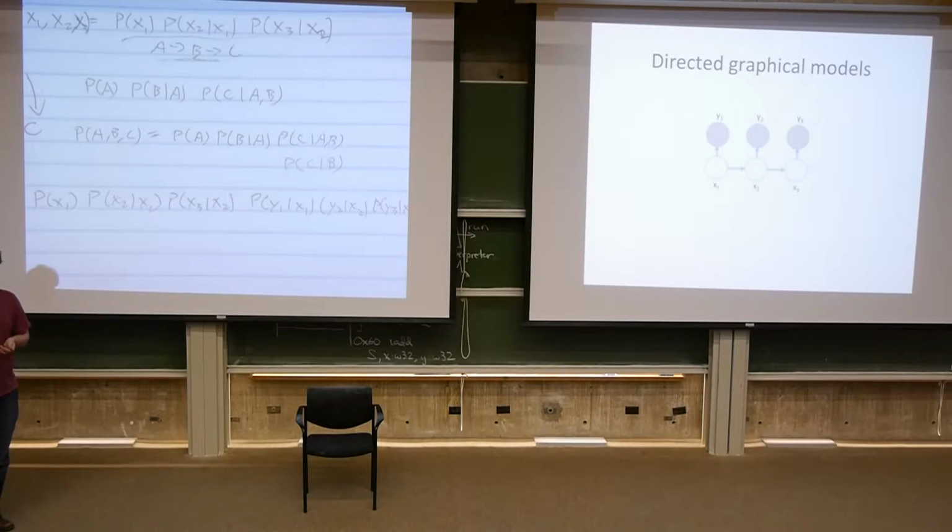You just might not be able to write down a graph structure that represents all the independences that are present in the distribution. So for a particular distribution, you can write it in any form you want, but which form is best depends on what kind of independence structures there are, and also whether having a directed graph is natural in that case or not, which sometimes it is, sometimes it's not.